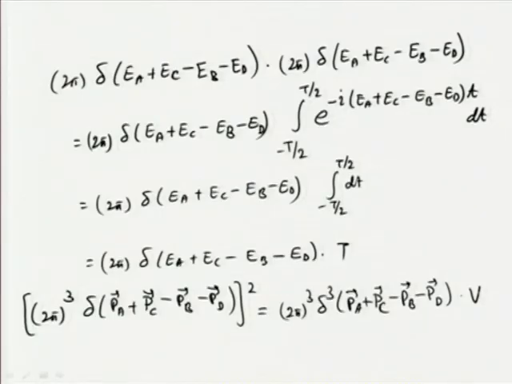Now we have a 3-dimensional thing, therefore the spatial volume comes into the picture when we consider the other delta function in integral form and integrate over that.